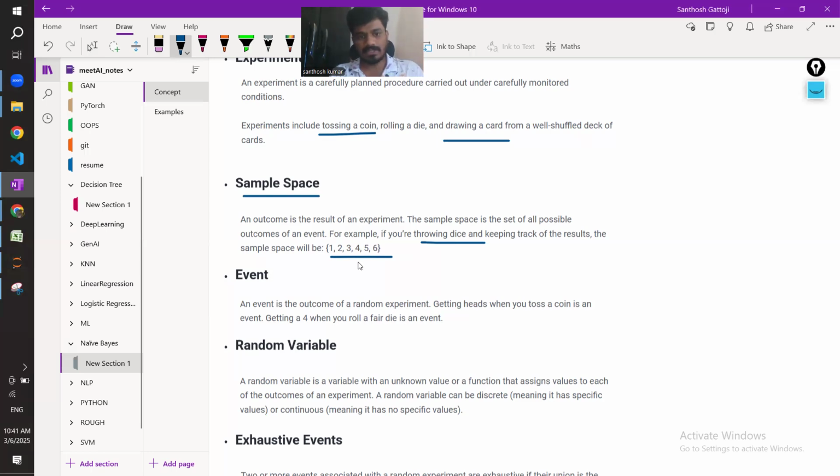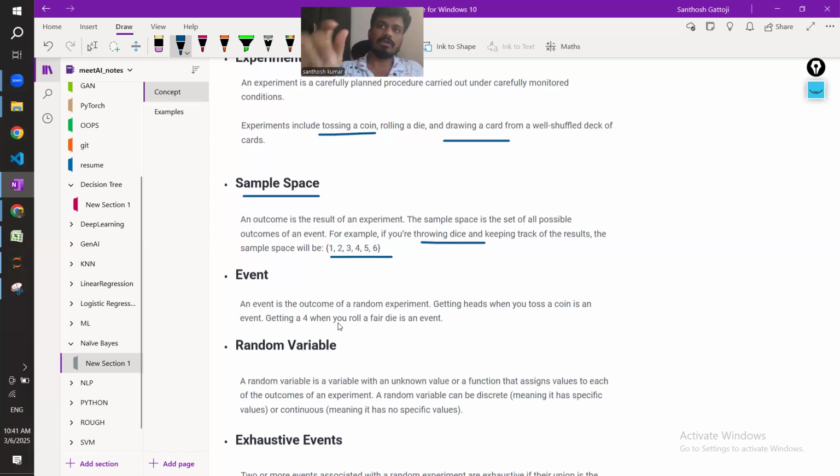Fine. And then an event is an outcome of a random experiment, that means one output from the experiment which you're conducting, right? In that, the overall possible outcomes are 1, 2, 3, 4, 5, 6. If you consider the case of rolling a dice, each one of them is called an event.